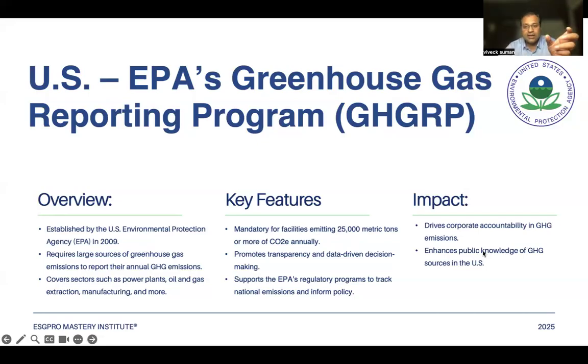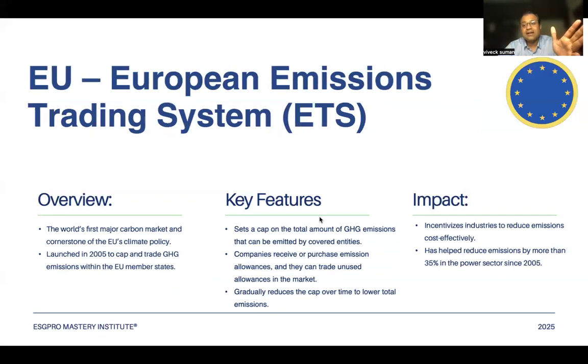So in short, the GHGRP transforms emissions from invisible pollutants into visible data, and visibility is what drives the action. If you bring visibility, put responsibility on the company, the result will be massive. How do I know by this study? The European Union emission trading system has proven it.